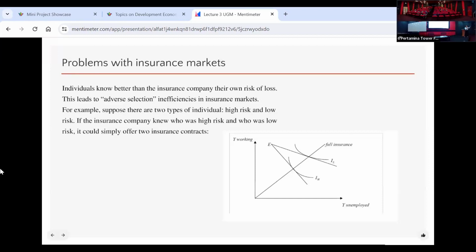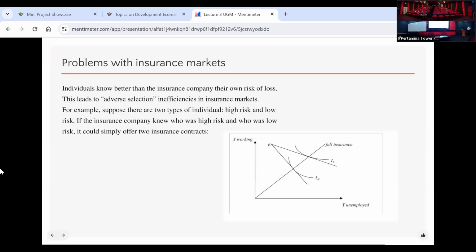Notice that the low risk individuals' indifference curves are a little bit flatter, and the high risk are a little bit more curvy. Why are they flatter? Because the marginal rate of substitution for the low risk is a little bit smaller.